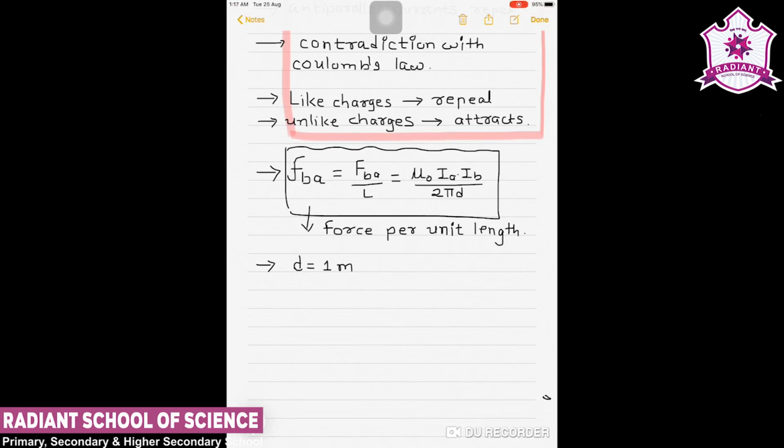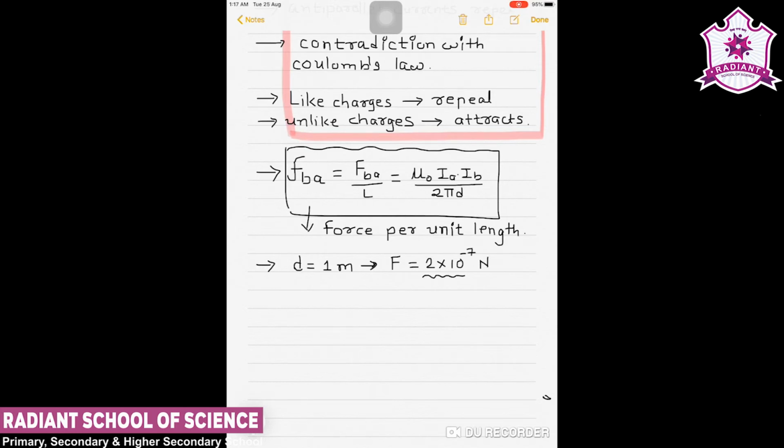If we put them 1 meter apart in vacuum, that would produce on each of these conductors a force, and if we put all the values in units, we find that force to be 2 into 10 raised to minus 7 newtons.